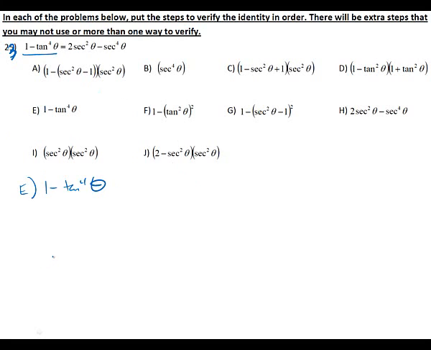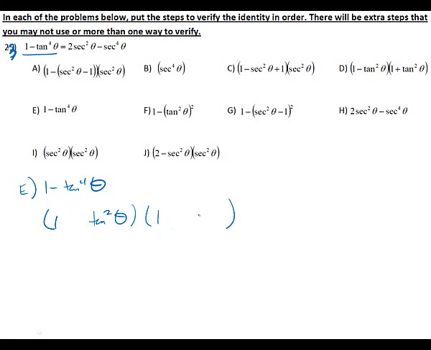I have to figure out what would go next. So I'm going to factor that, right? That's factorable, isn't it? So let's see what happens when we factor it. So what do I get? It's a difference of squares factoring. What do I get when I take the square root of 1? 1. And what do we get when we take the square root of tangent to the 4th?